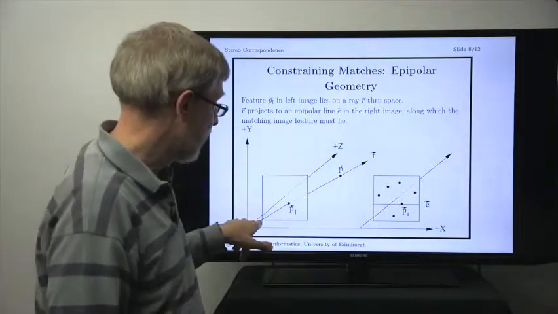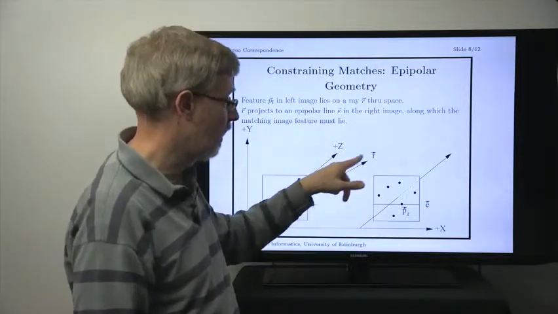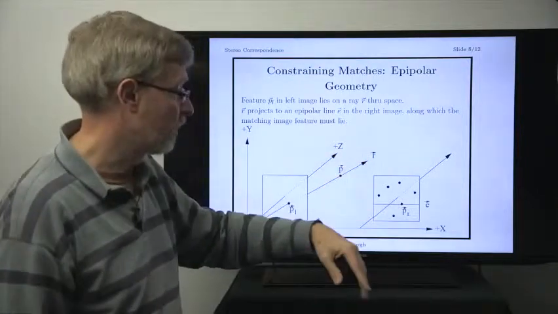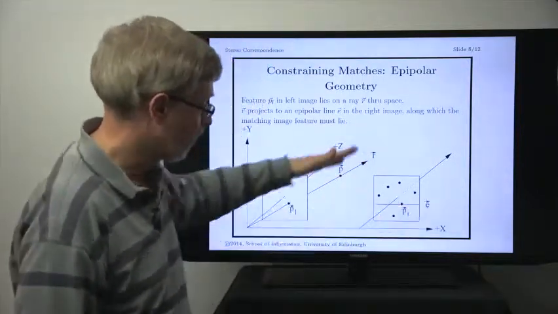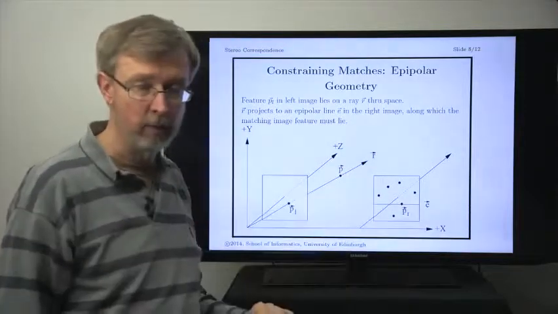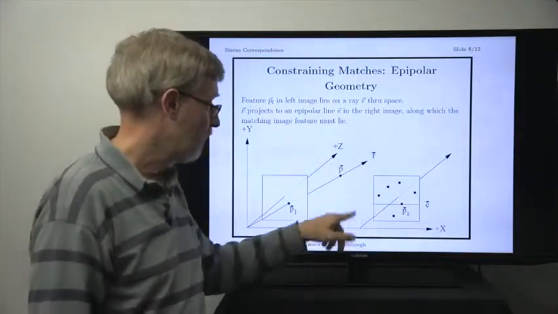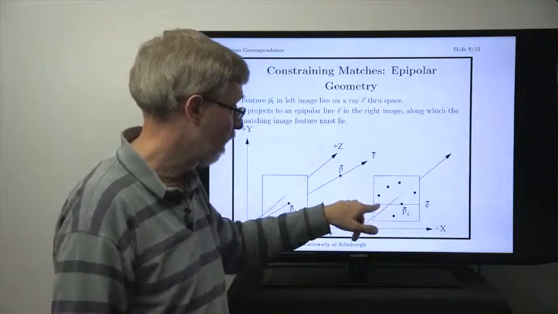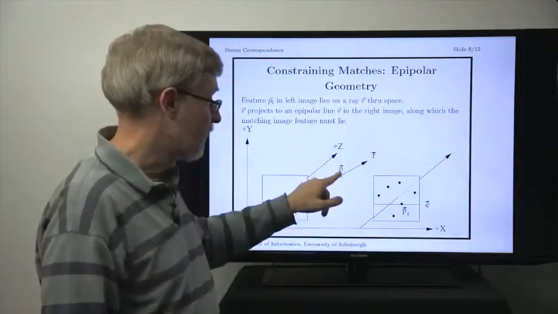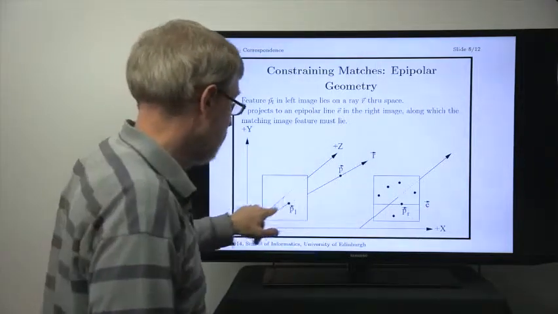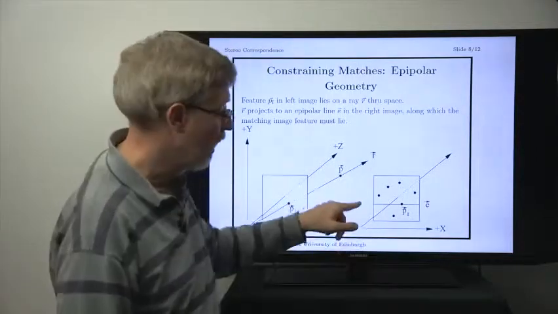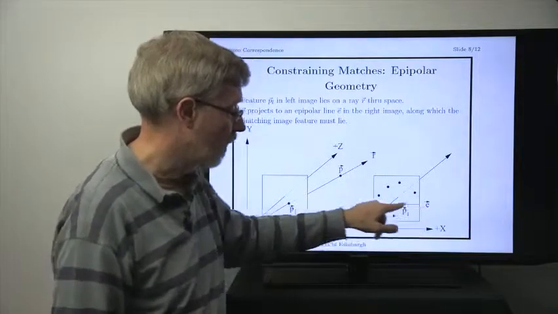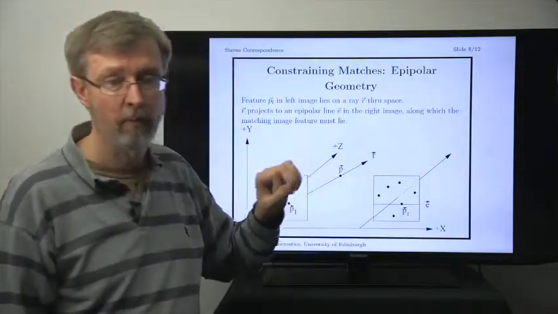If you look at the set of all possible points that lie along that ray and project them into the right image, then you get a line in the right image. So lines project onto lines in the image, and this is called the epipolar line. Since this point has to lie somewhere along this ray in 3-dimensional space, any matching point has to lie somewhere along this line in the image.